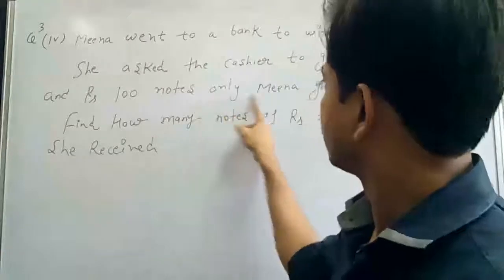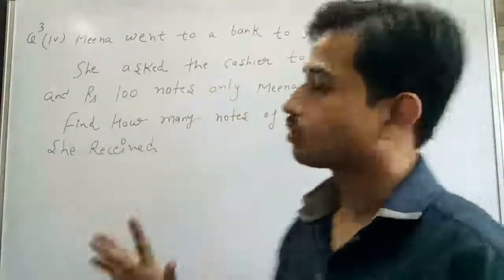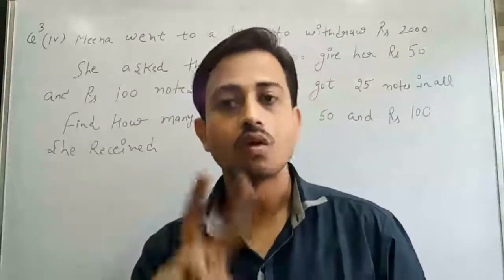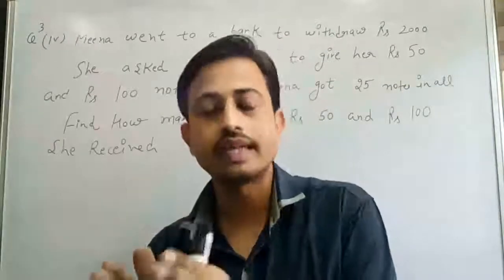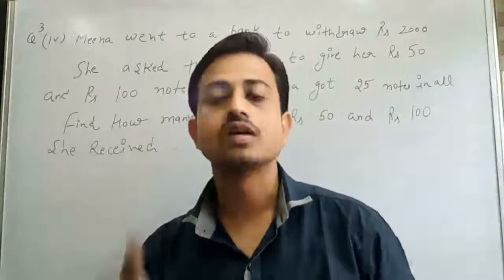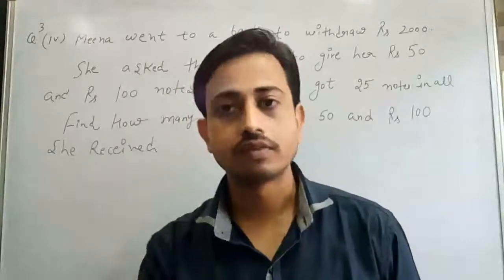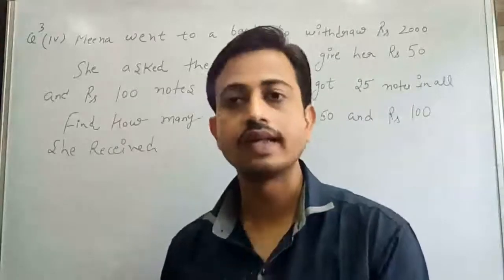Then Meena got only 25 notes. It means Meena got only 25 notes in total of 50 and 100. But we don't know how many notes of 50 and how many notes of 100. So we have to assume.